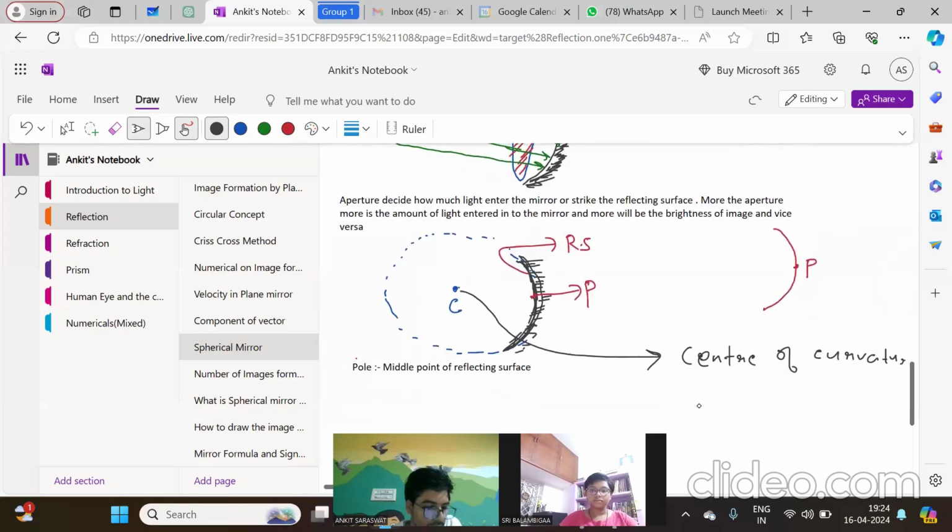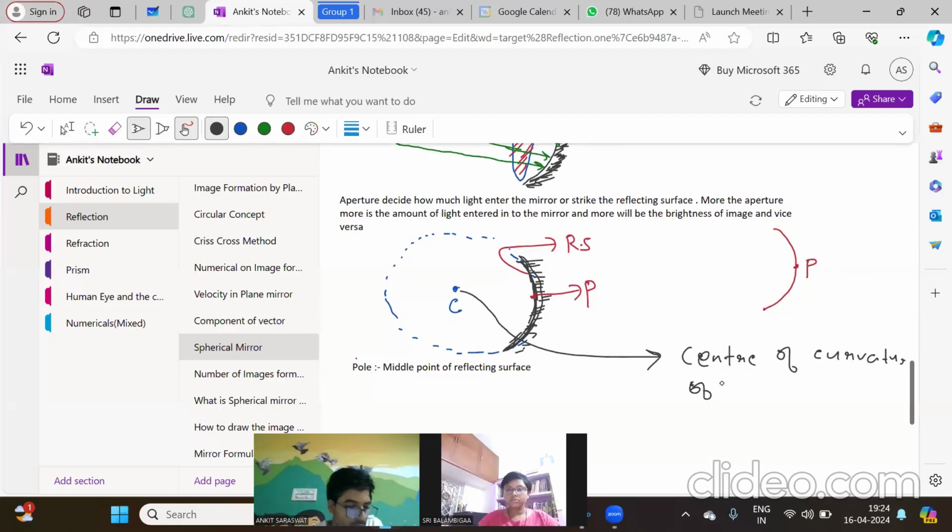Center of curvature of what? Of the spherical mirror. This center is the center of curvature of the sphere which you have formed. And this center is also the center of the mirror's sphere, because the mirror is a part of the sphere. So we can say this center is the center of curvature.